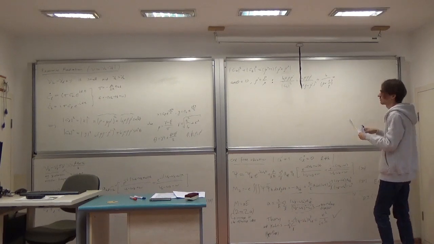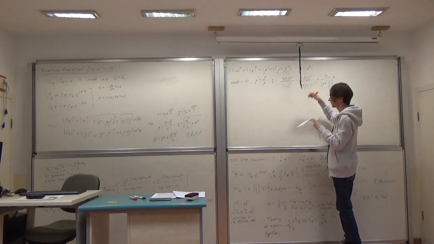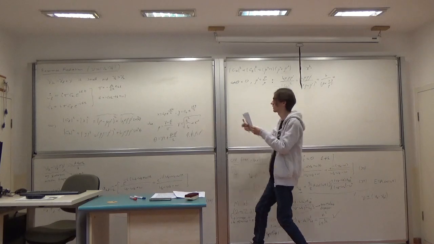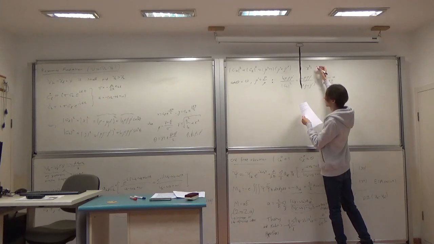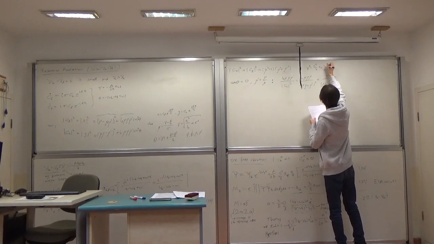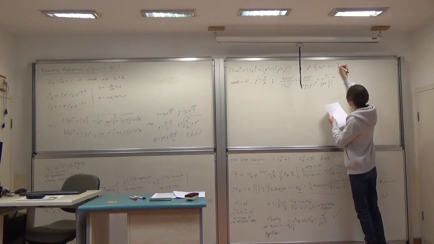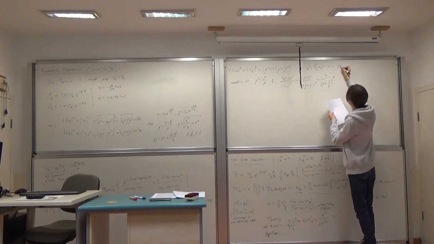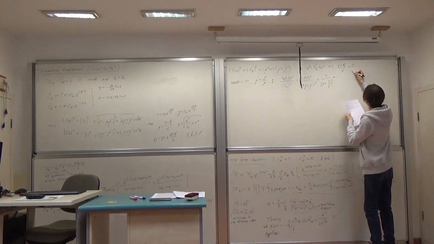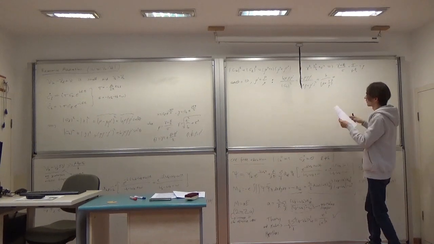so I will do something here. Gamma square can be shown as just taking square here, epsilon square over 4 plus sigma square. That will lead to gamma plus epsilon over 2 over sigma equals sigma over gamma minus epsilon over 2, which is mu.